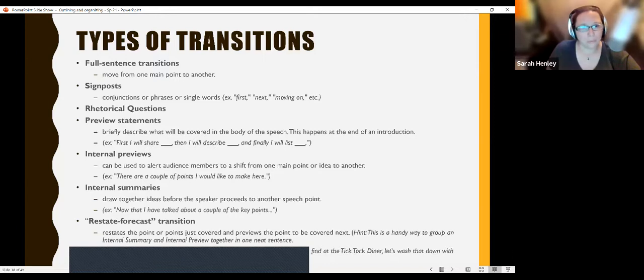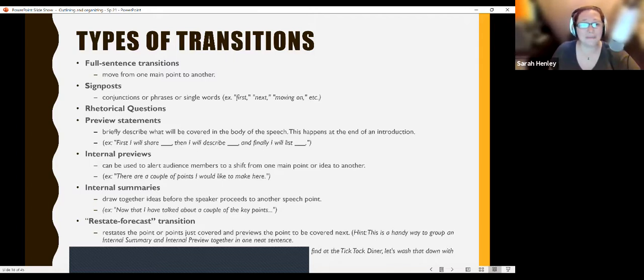So once we get to these full sentence transitions, we may not be accustomed to thinking about these as much as we're okay with signposts, because these full sentence transitions are something that you will see further in longer form writing, maybe not the shorter essays and term papers you've been working on. And of course, again, in speaking situations.